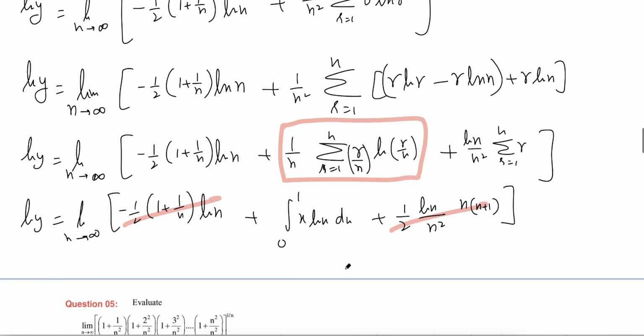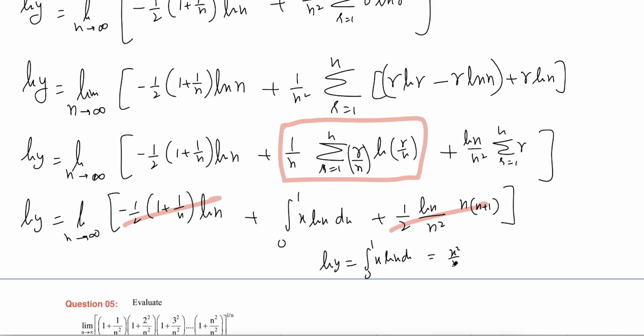Can you understand the difficulty we face? So we got ln y equal to the integral 0 to 1 of x ln x dx. And how will you do x ln x dx? By parts, I am doing it directly. This is the u, this is the v, so it will equal u into v dx. The integral of x dx will be x square by 2.